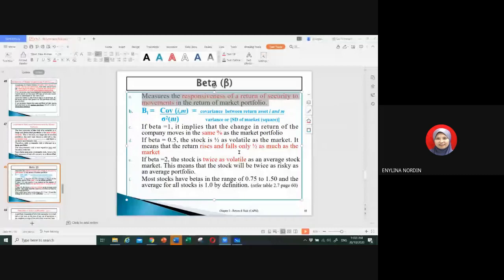Maksudnya dia mengukur bagaimana return sesuatu stok respon ataupun berubah apabila market return berubah. Maknanya market di luar sana berubah. Is it going to be higher, lower, or in the same direction as market changes? Itu yang ditentukan oleh beta nanti.